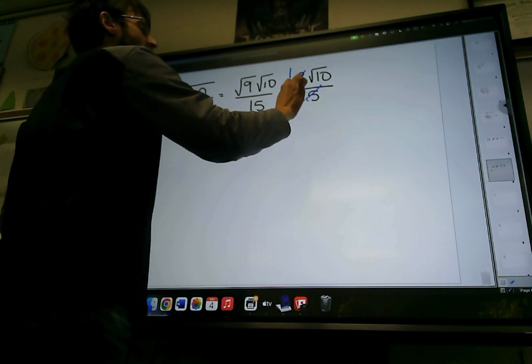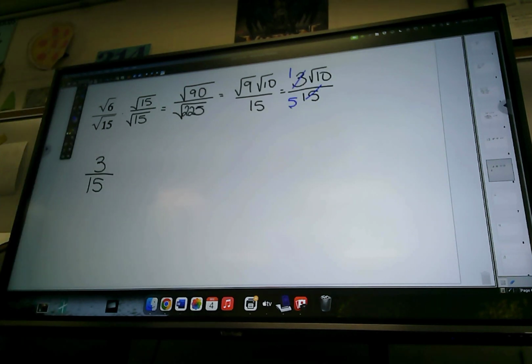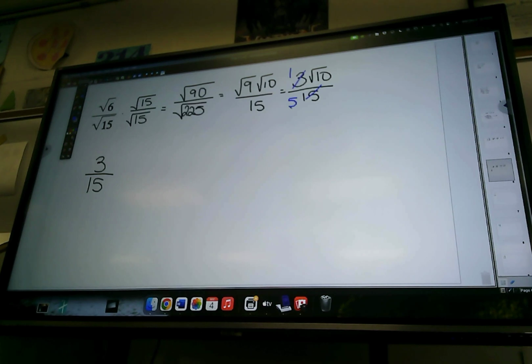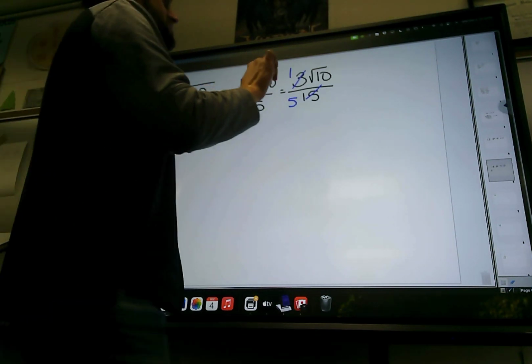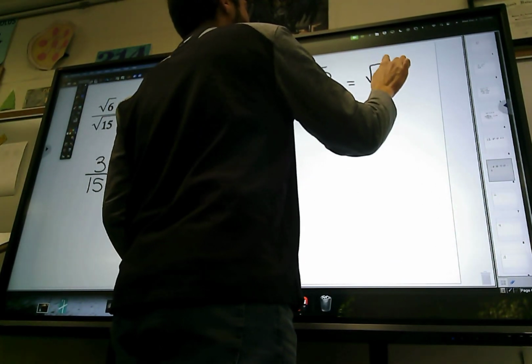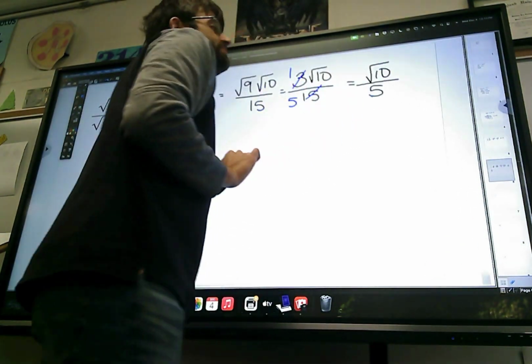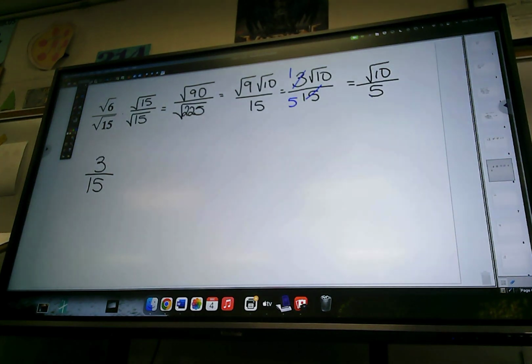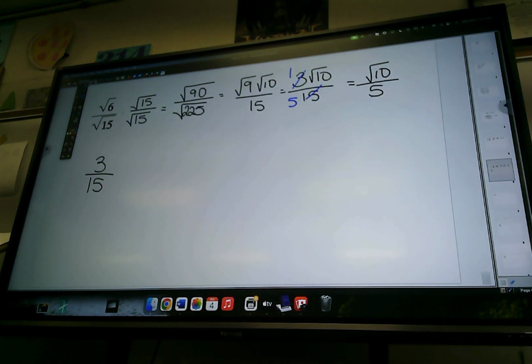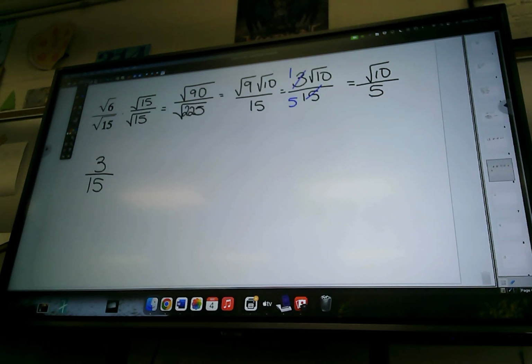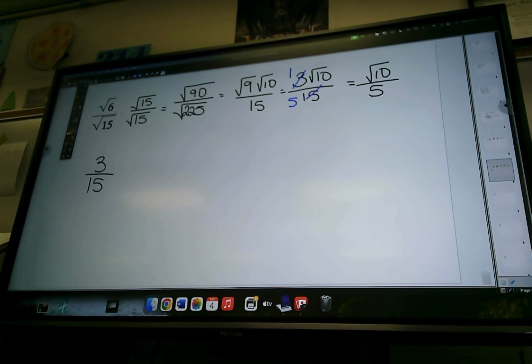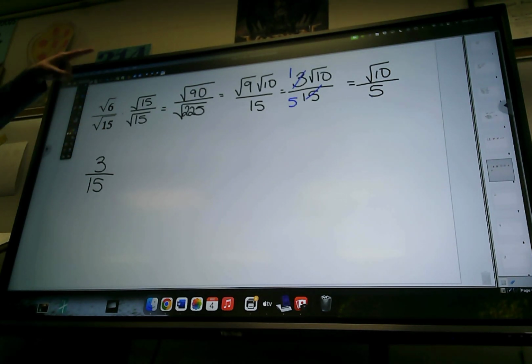That gives me 1 here and 5 here. I am not going to divide what's in the radical. I'm going to leave that alone. So my final answer for this one is the square root of 10 over 5. All radicals are reduced, all fractions are reduced, and there's not a radical in the denominator. I'm just saying that I can reduce this fraction.